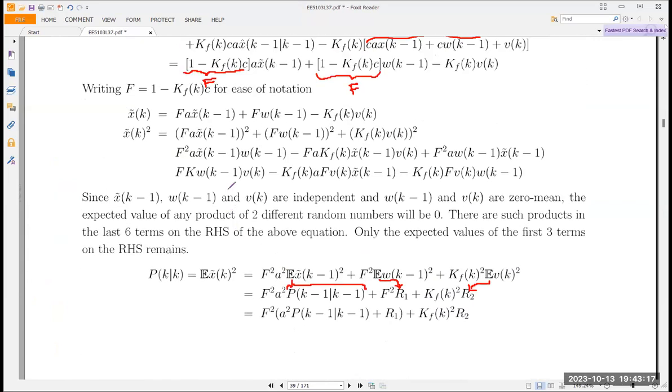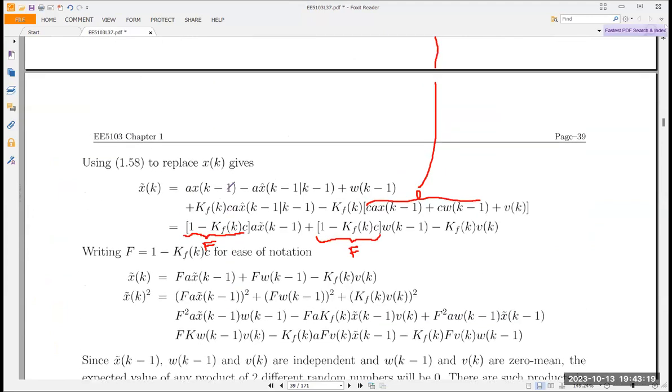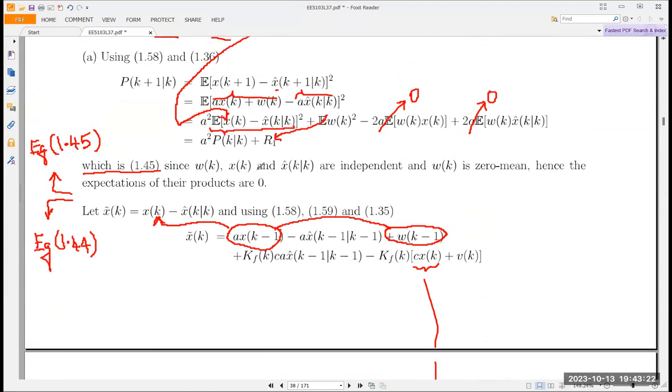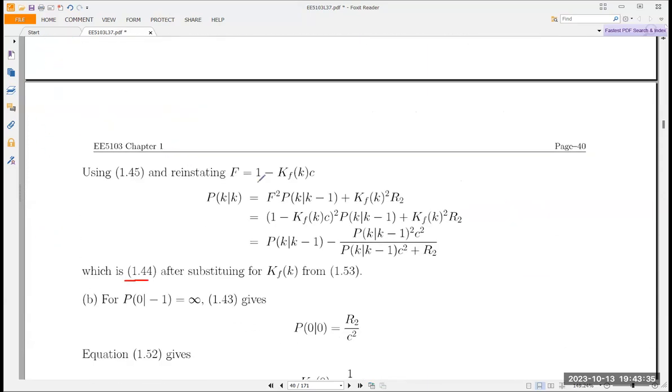If you know this, then you find this. So step by step. Which means if you know this, kk, you get k plus 1 k. Then if you know k plus 1 k, you get k plus 1, k plus 1. So step by step, your P can iterate, when k goes from 0, 1, 2, 3, because step by step it goes. All right, so this is what the tutorial question tries to show you.